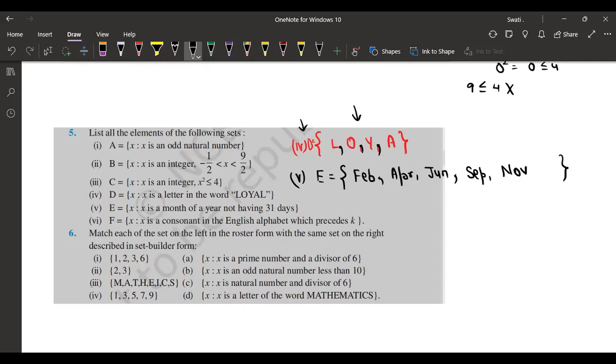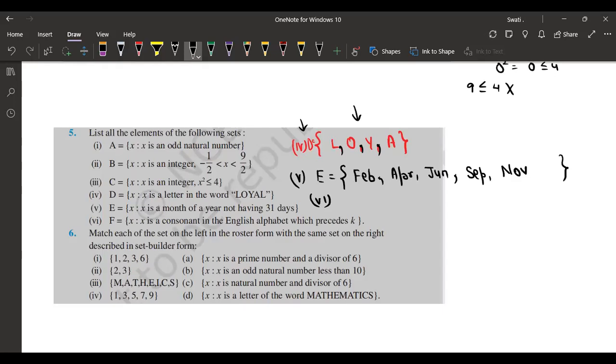So the months not having 31 days are February, April, June, September, and November. Okay, let's go to the sixth question and the last question of question number 5.